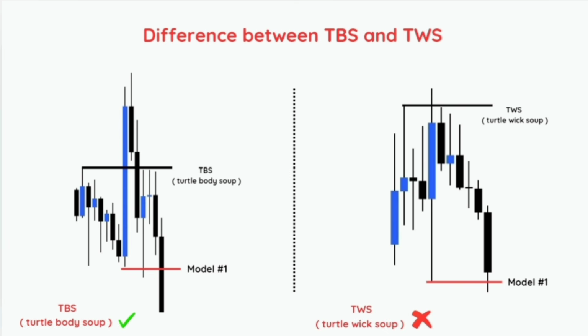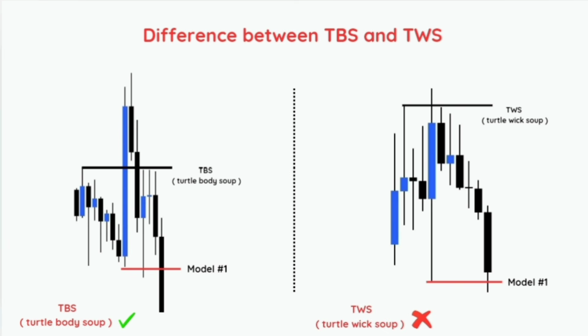Now let's see the difference between turtle body soup and turtle wick soup, which means TBS and TWS. As you see in the image, look carefully at the left side image.